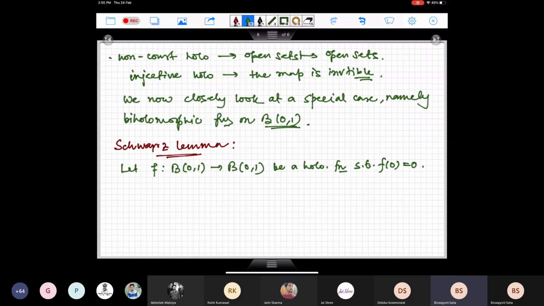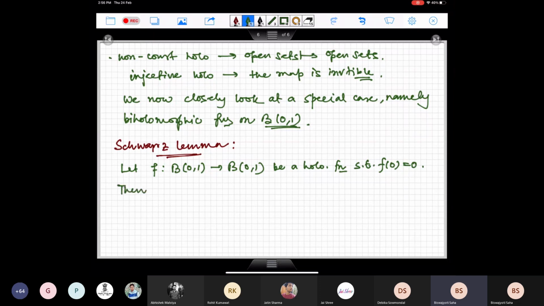So it's a bijective map from B01 to B01, and therefore 0 will have a pre-image. At this moment I am just setting that 0 goes to 0, which could be one of the natural conditions. And then what can I notice about this kind of functions? We can note the following.